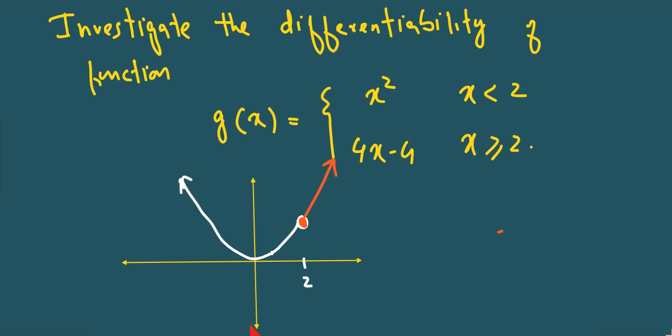Now you can see it is not making any corner here. From the graph it is very clear the function is continuous, and at 2 the function is not making any corner. That means the function is differentiable.